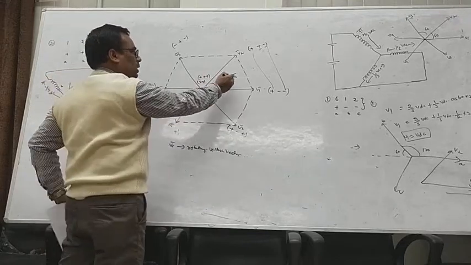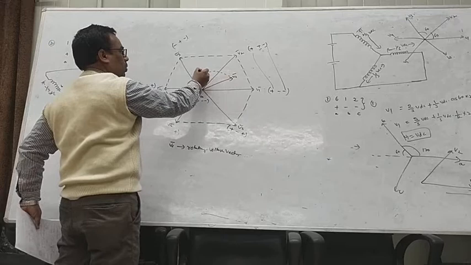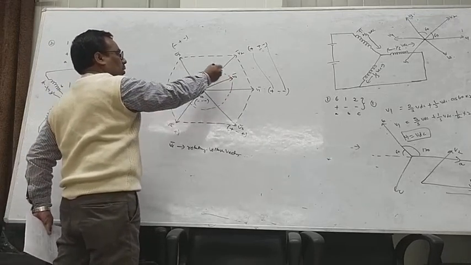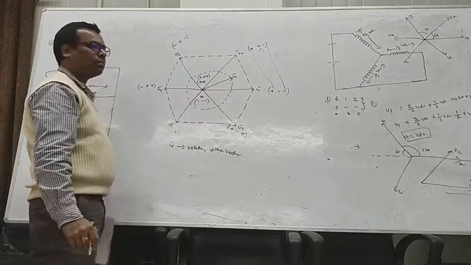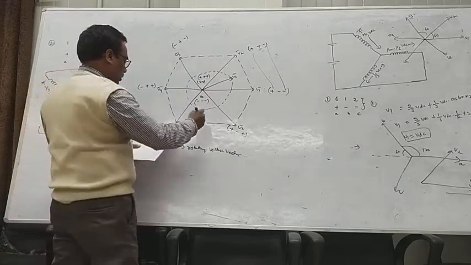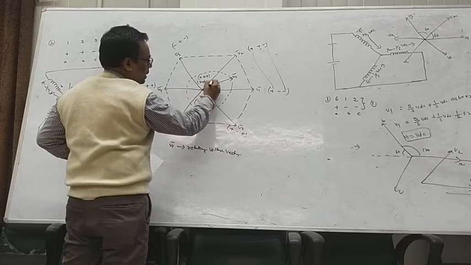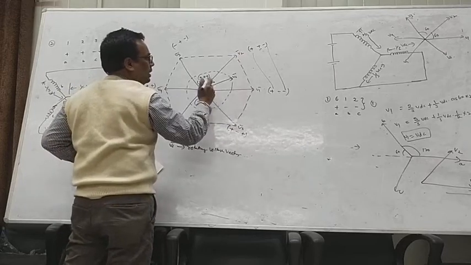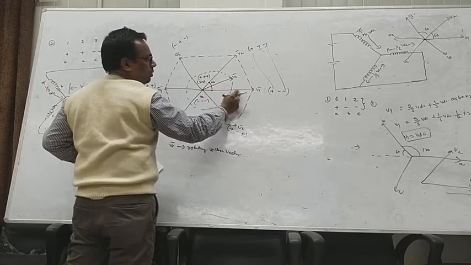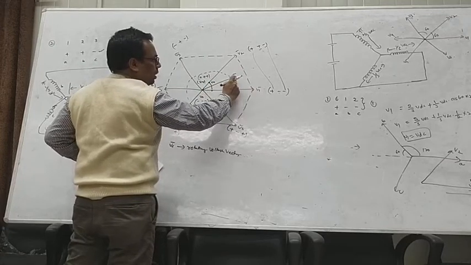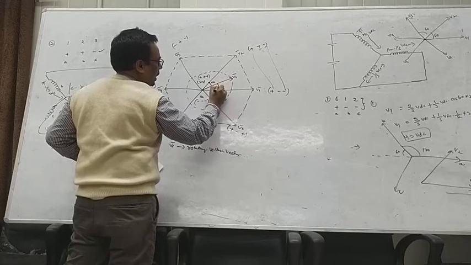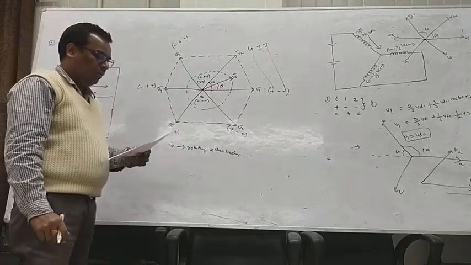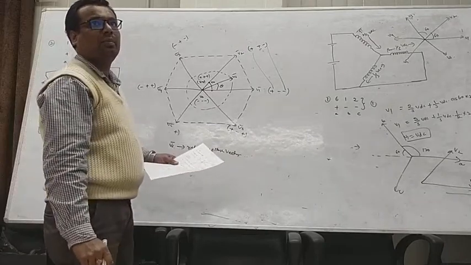If you join this, it will also form a circuit. The total angle is 60 degrees, so from vector V1 to vector V2 the angle is 60 degrees, and from the reference vector V1 to the rotating voltage vector, this angle is theta.